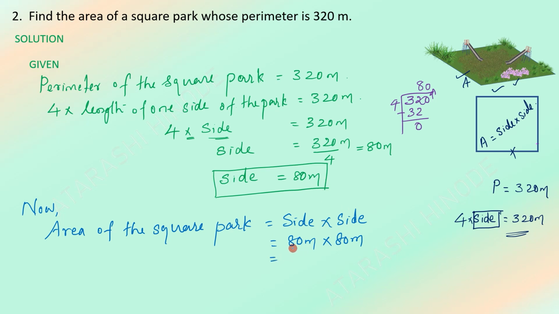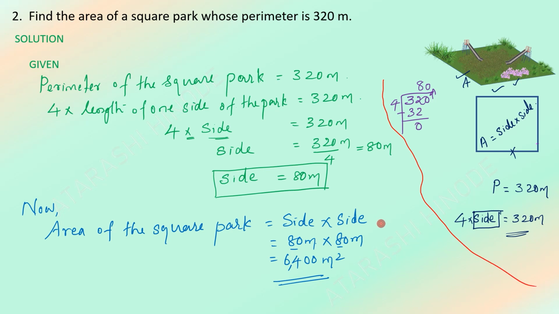That is equal to 8 into 8, it is 64, then put 2 zeros. That much meter into meter, it is meter square. So the area of the square park is 6400 meter square.